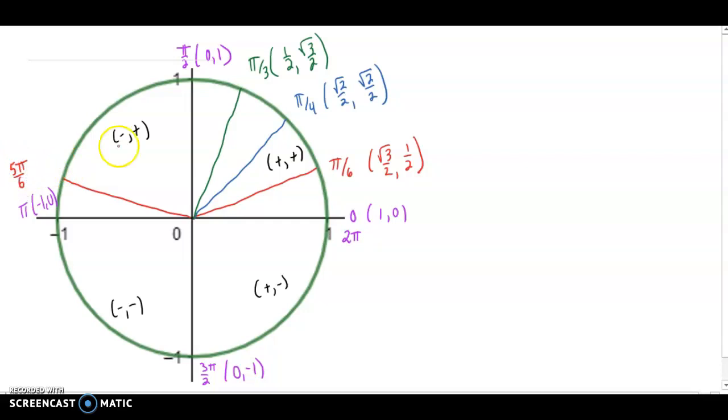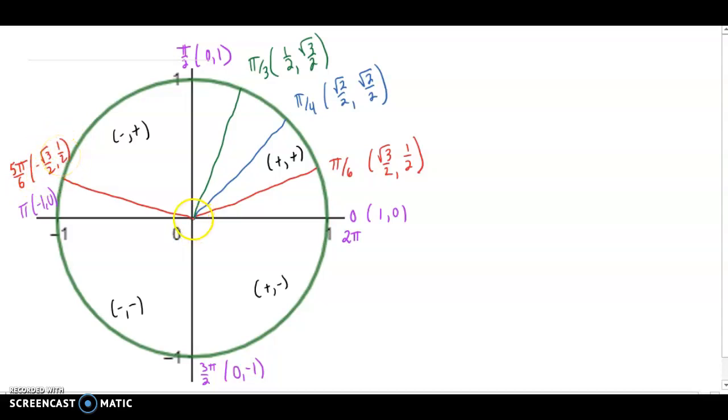In that quadrant, we know the x-coordinate is going to be negative and the y-coordinate is going to be positive. So we're going to use the coordinates that we have here and just make a modification to give our ordered pair. Cosine of 5 pi over 6 is -√3 over 2, and the sine of 5 pi over 6 is 1/2.